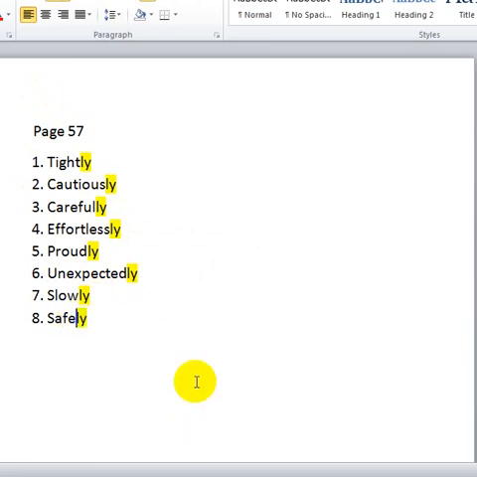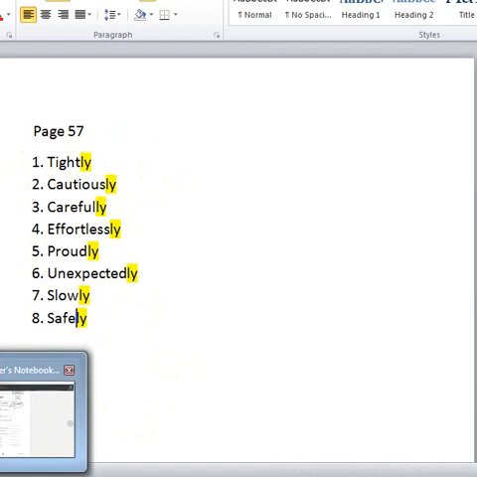So, not all adverbs have ly at the end, but most of them do. Yes, a lot of adverbs have ly at the end, but not all of them. But usually if a word has ly at the end, then it is what? An adverb, okay? Some adverbs do not have ly, and we'll take that right now with some other examples of adverbs.